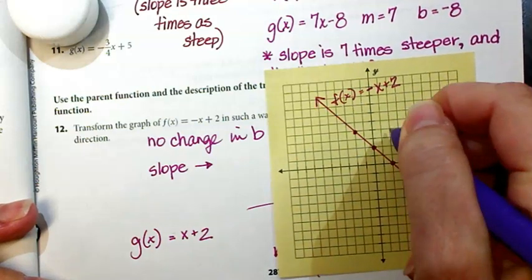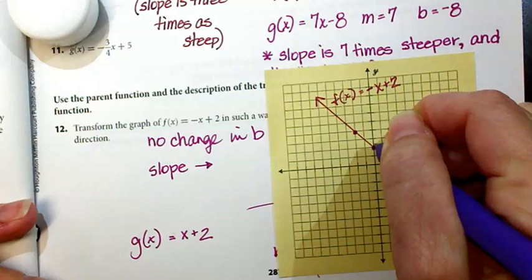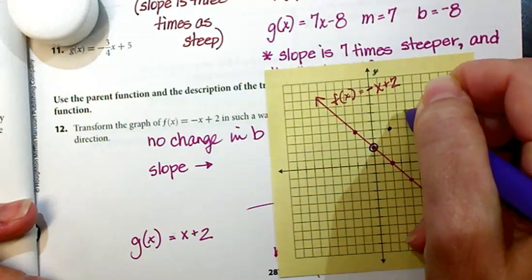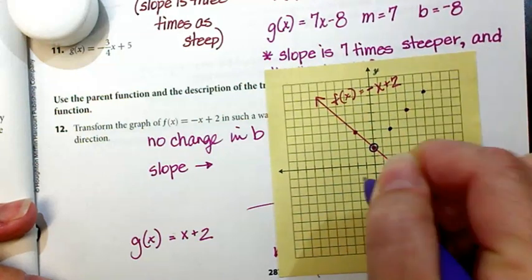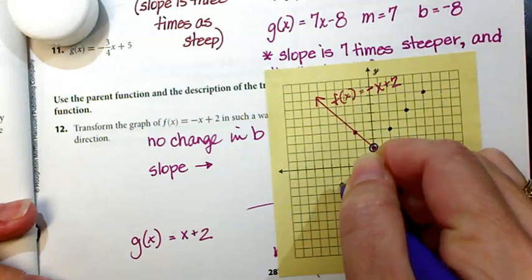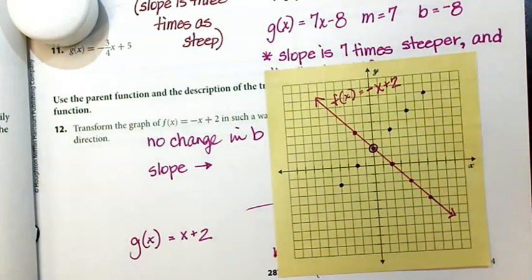But I want a new line. Remember, it's going to go through the same y-intercept. But the slope is opposite, has the opposite value.